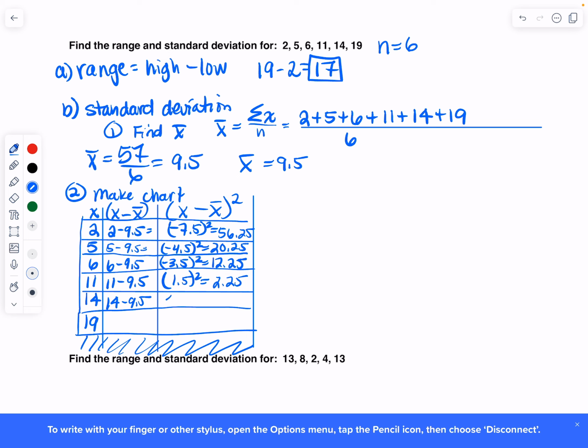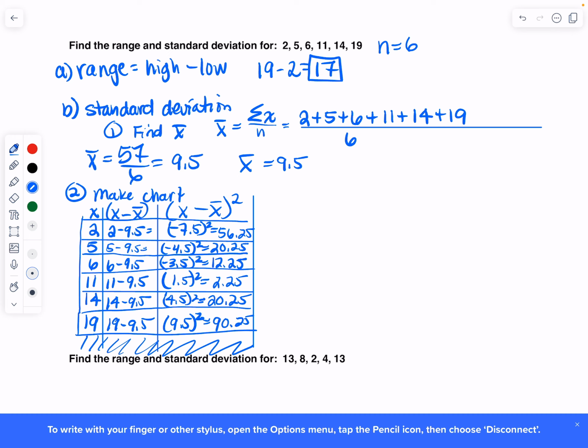I got 4.5, and I'm going to square that. We've already done that. It's 20.25. And finally, 19 minus 9.5 equals 9.5, and I'm going to square that.